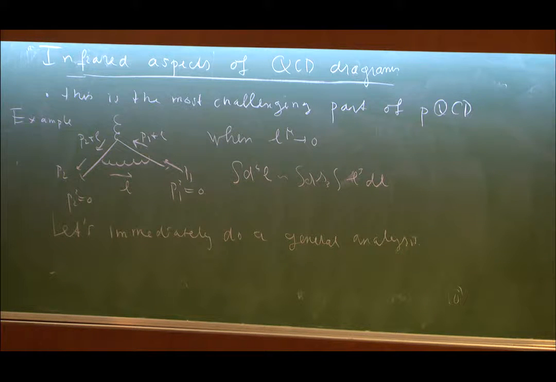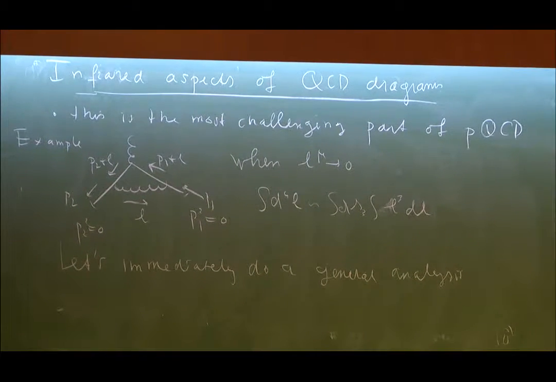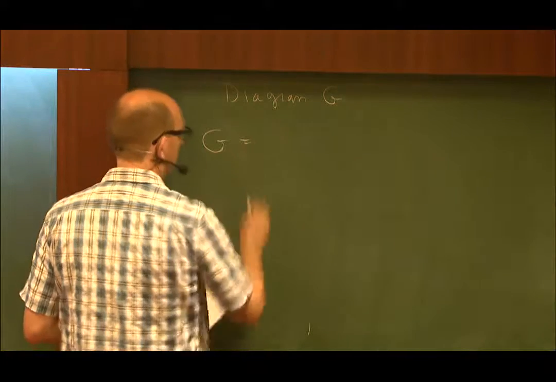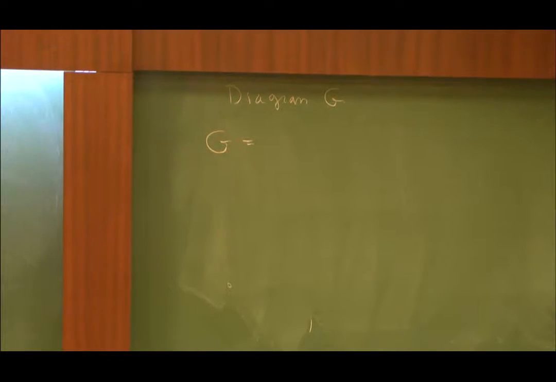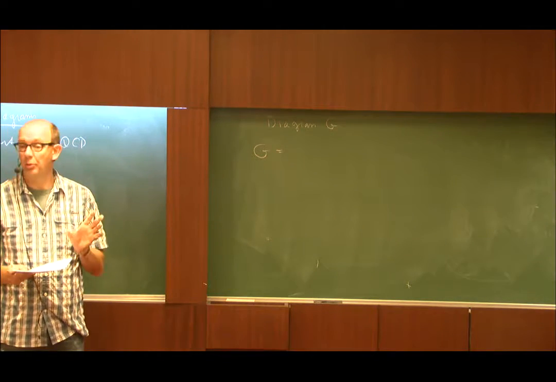So let's take a diagram, G, and let's write it as follows. So what will G be? I won't even draw a diagram. What does a diagram have in general? There will be external lines, there are momenta coming in, there will be loops, there are loop momenta running around, there will be vertices and denominators.